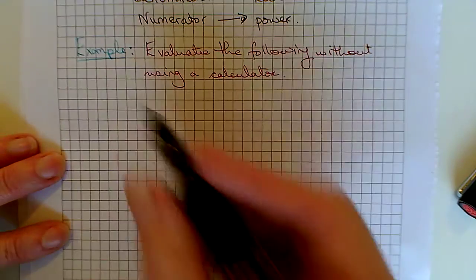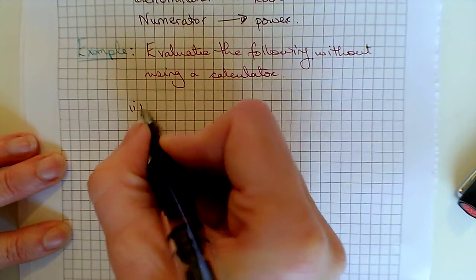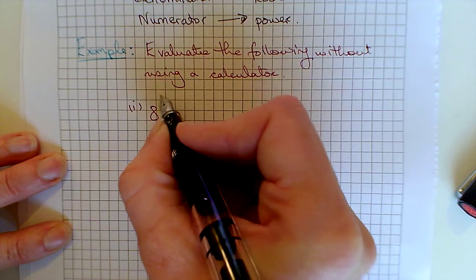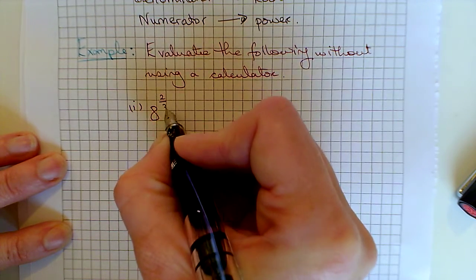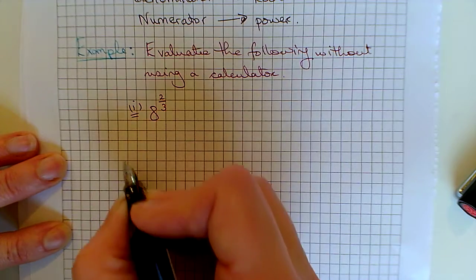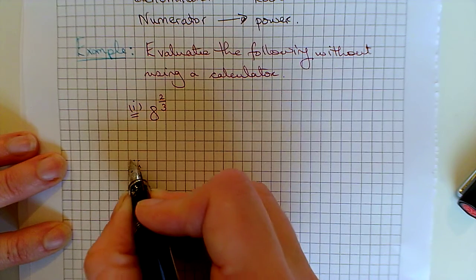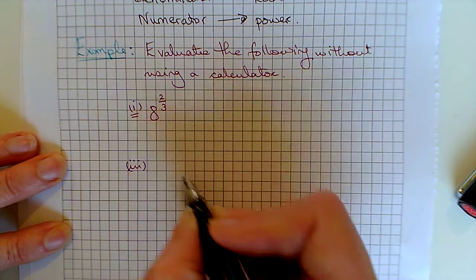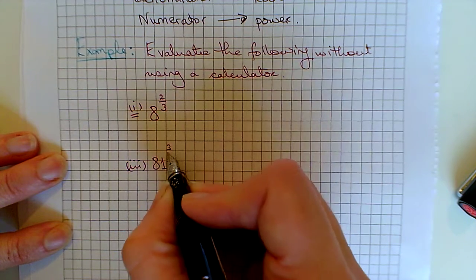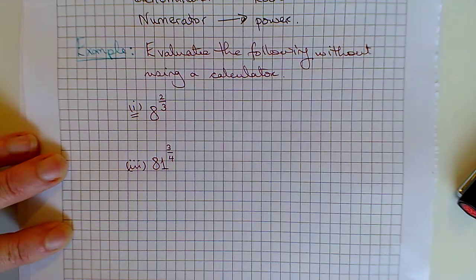So we'll just do a few examples of this. So the first one is if I had 8 to the power of 2/3, what would that be? Or if I had 81 to the power of 3/4.